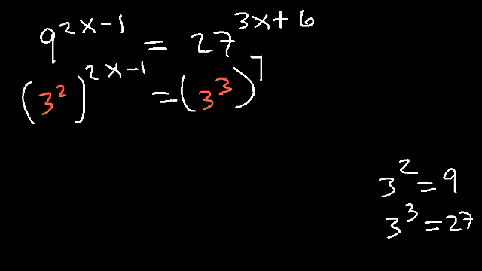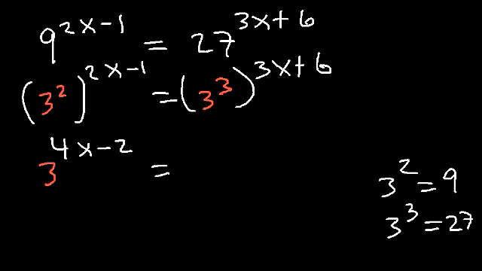And let's multiply the exponents. So 2 times 2x minus 1, that's going to be 4x minus 2. And 3 times 3x plus 6, that's 9x plus 18 if we distribute the 3.